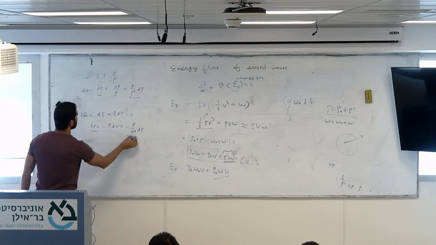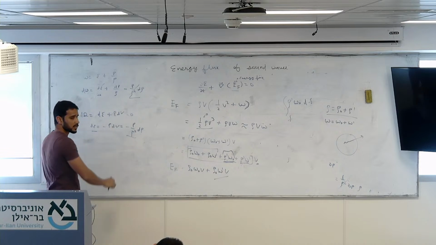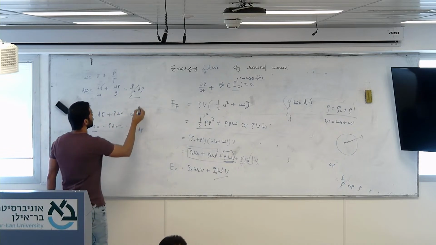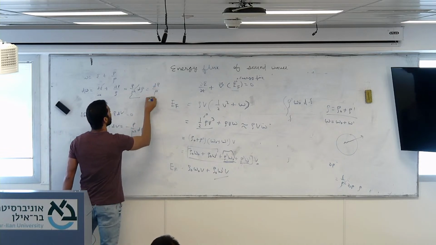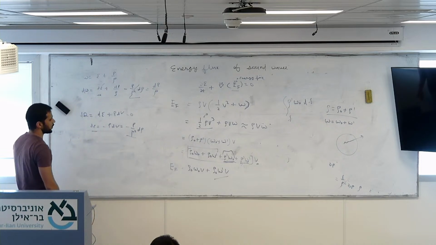If you put this here, you see that these two terms are the same. So it is simply dW is dP by rho.